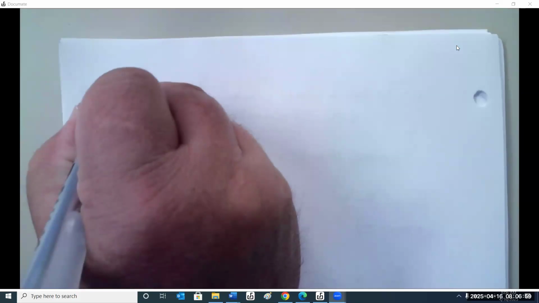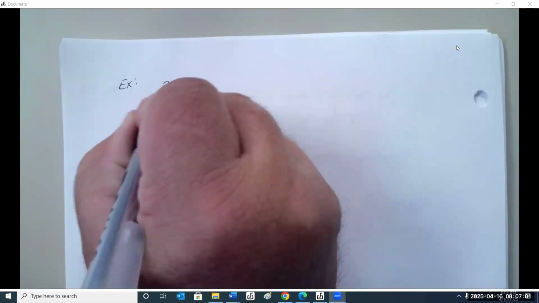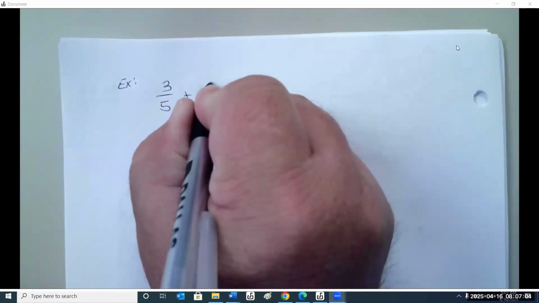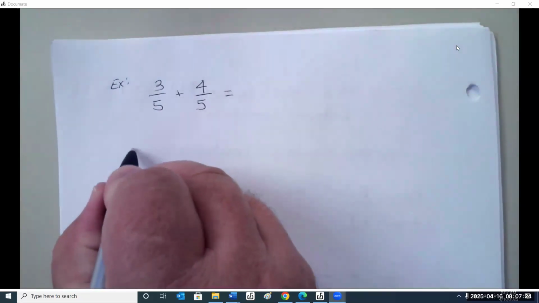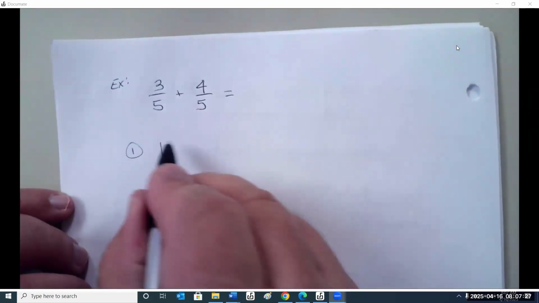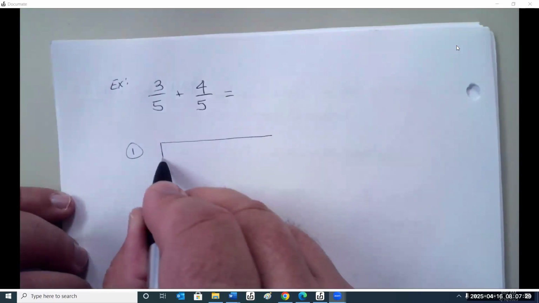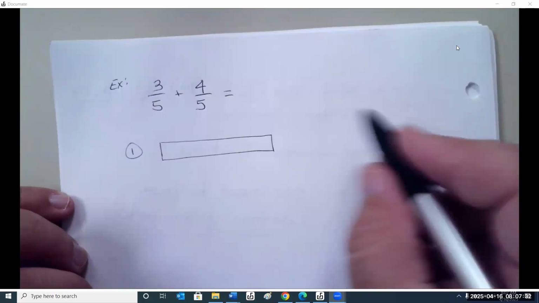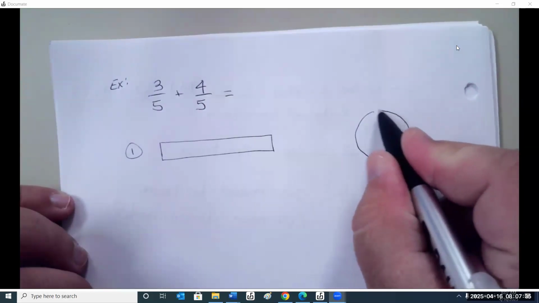What if we had this example? Let's use the two methods again. Remember, if you don't want to use bars, you can always use a circle.